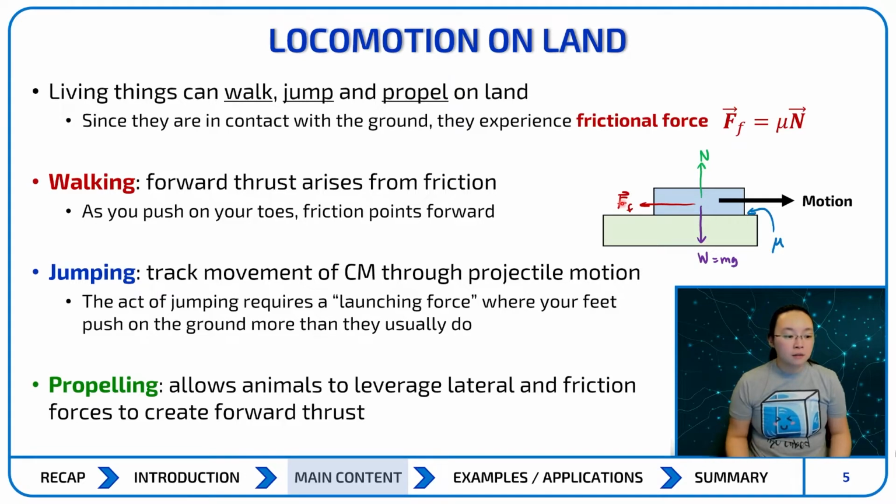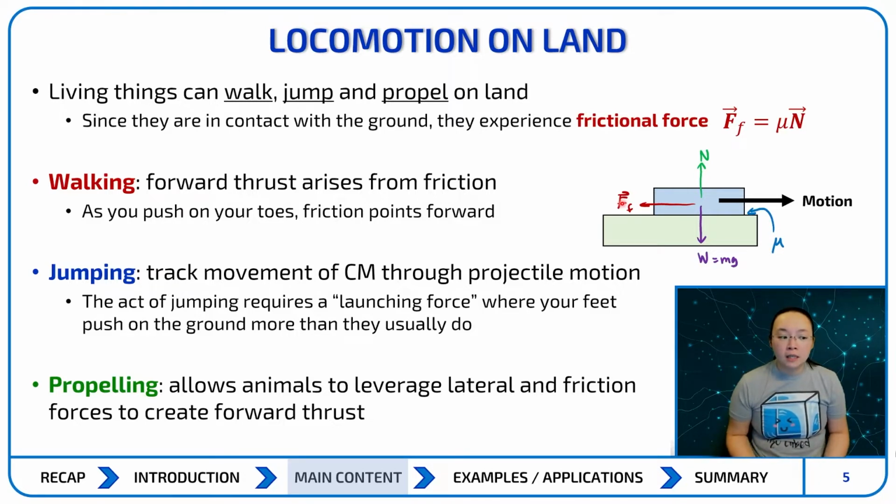And finally, us humans do not propel, but snakes and worms do. So in terms of animals that do not have as many limbs as we do, essentially those that have less bone, they have to use other means of travel. So in order for them to move forward, they're going to have to leverage lateral and friction forces to create a forward thrust.